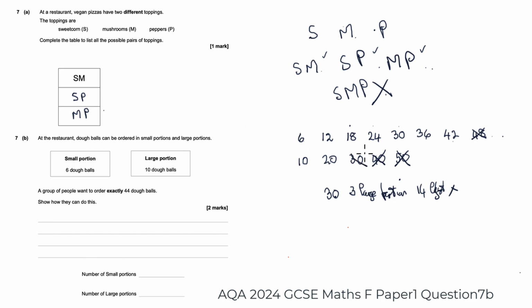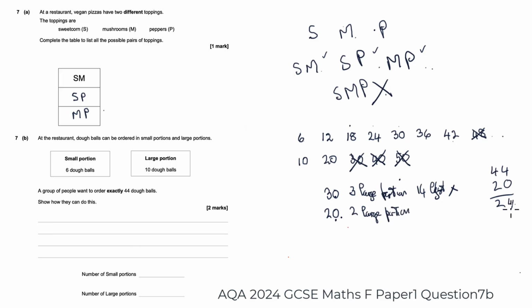So let's try 2 large portions. Now, how many dough balls would be left to get up to our 44? Well, 20 taken away from 44, that would leave us with 24. So this is 2 large portions. That's 20 dough balls.